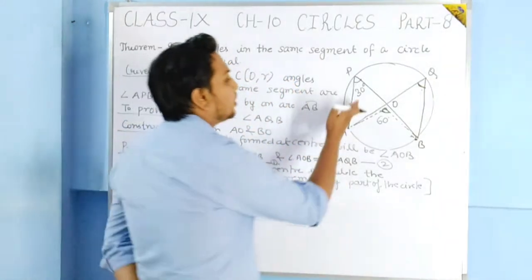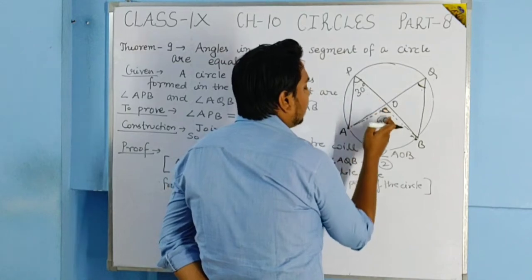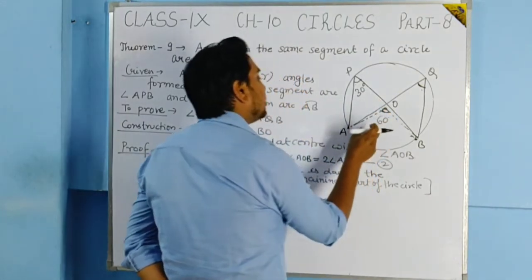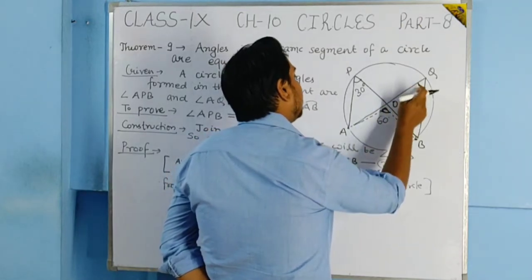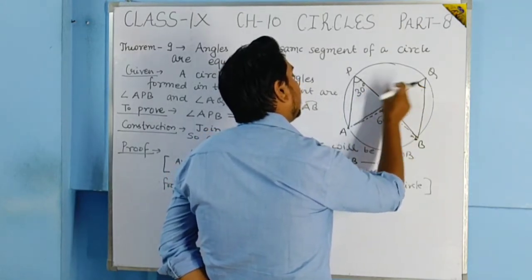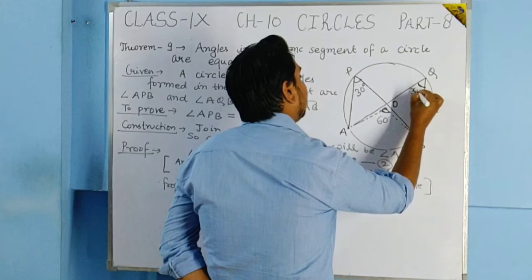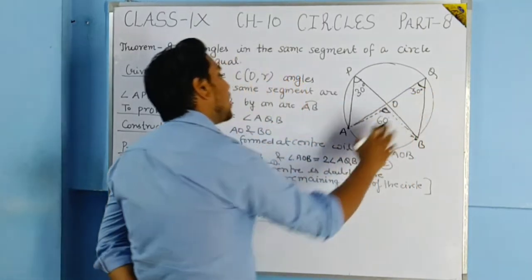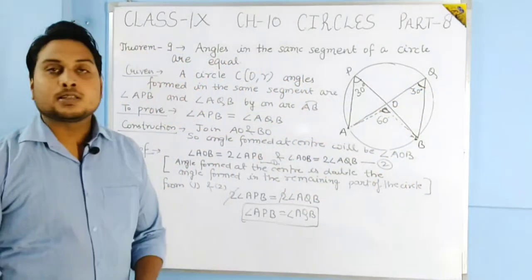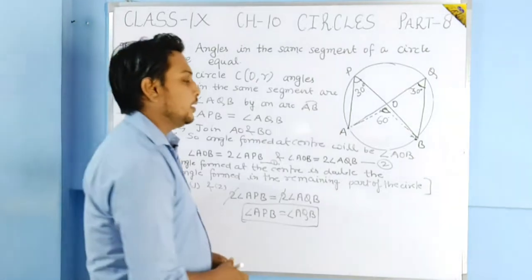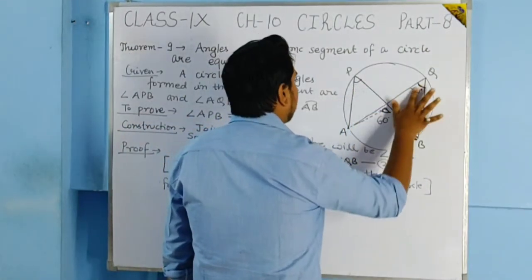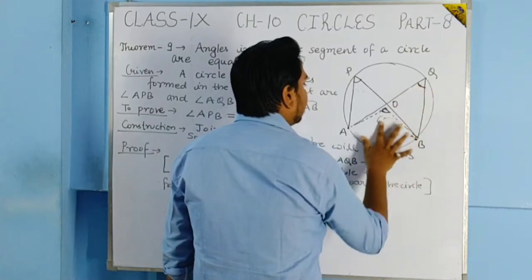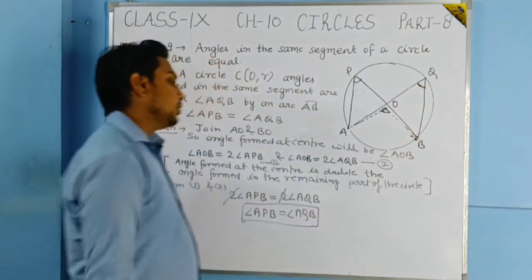So if it is 30 degree and it is asked what will be the angle at the center, then it will be 60 degree. And what will be this angle? If it is 30, then this will also be equal to 30 degree, because they are the angles in the same segment. So angles in the same segment are equal. This is how we will apply this theorem in solving the questions.